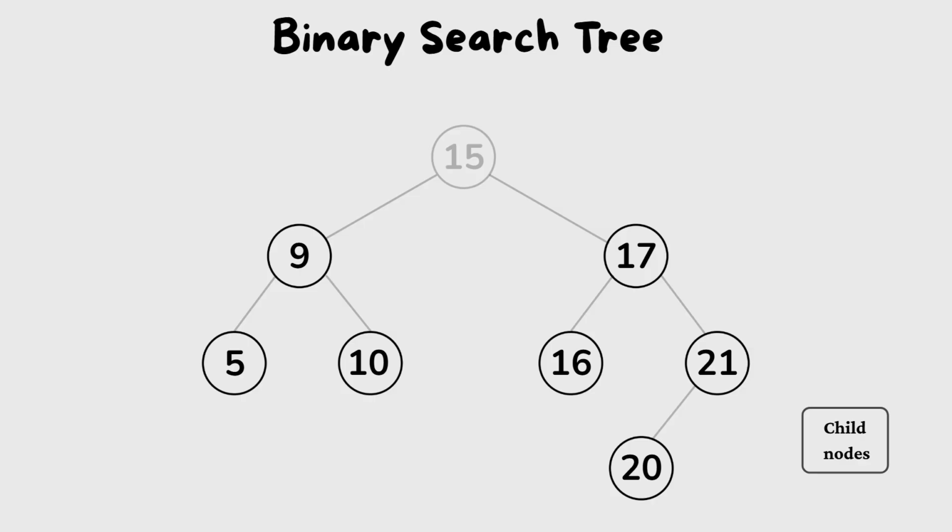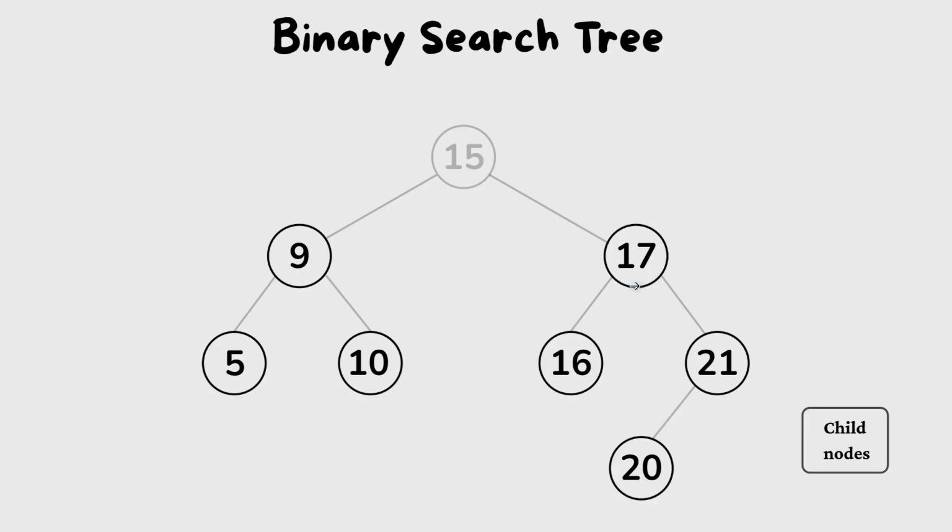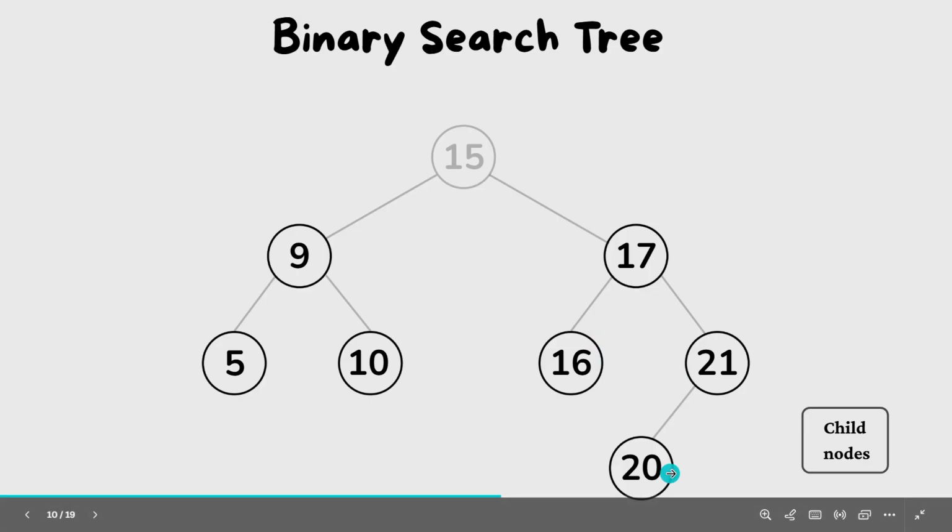So for example, here the child nodes of the parent 15 are 9 and 17, and the child nodes of 9 are 5 and 10. Same goes here. The child nodes of the parent 17 are 16 and 21, and the child node of 21 is 20.